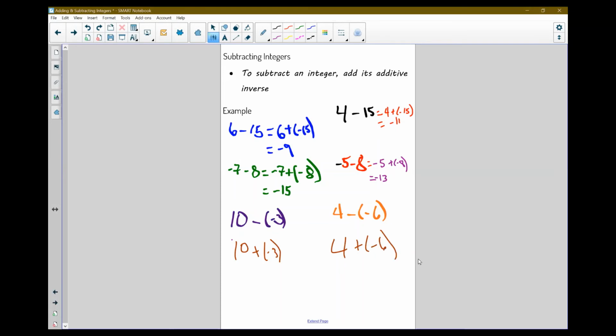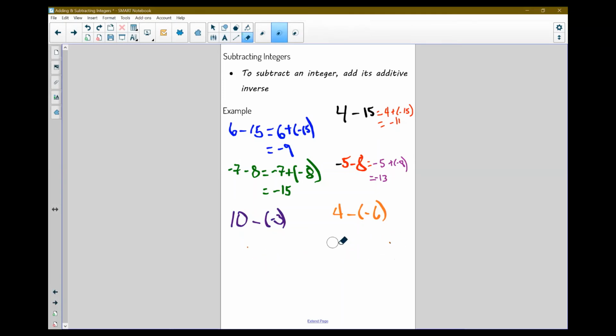So what I did was I just changed the minus to a plus sign. I'll give y'all a moment to write all this down. Oh, I'm sorry. I'm doing this wrong. Actually, don't write that.